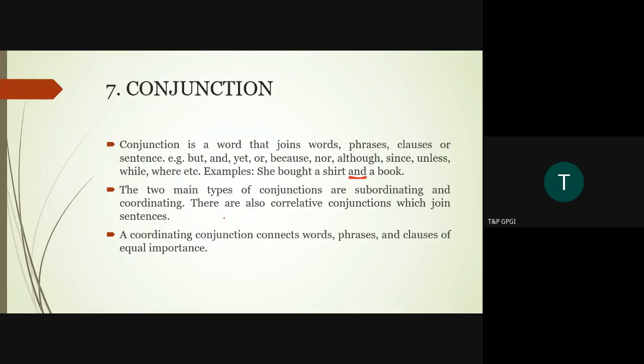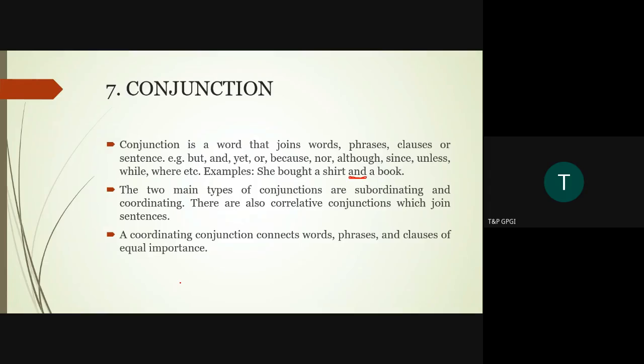The two main types of conjunction are subordinating and coordinating. There is also another type, known as correlative conjunction, which joins the sentences. You'll see the difference between them. The coordinating conjunction connects words, phrases, and clauses of equal importance. Conjunctions like for, so, because, and, or are easy, you say them regularly.